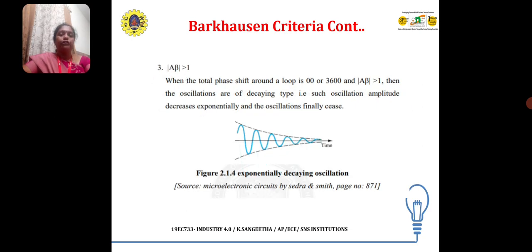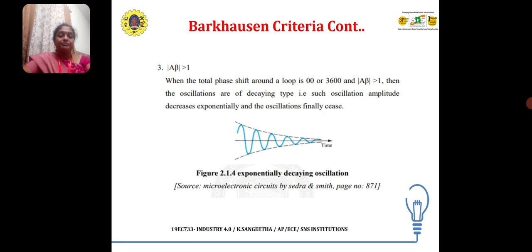And if A beta is less than 1, then the oscillations are of decaying type. It is also shown in the figure: the oscillation amplitude decreases exponentially and the oscillation finally ceases. So these are the three conditions.